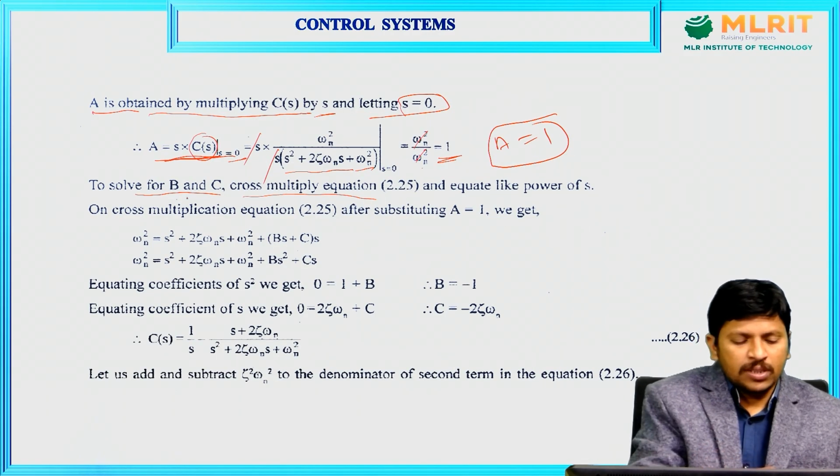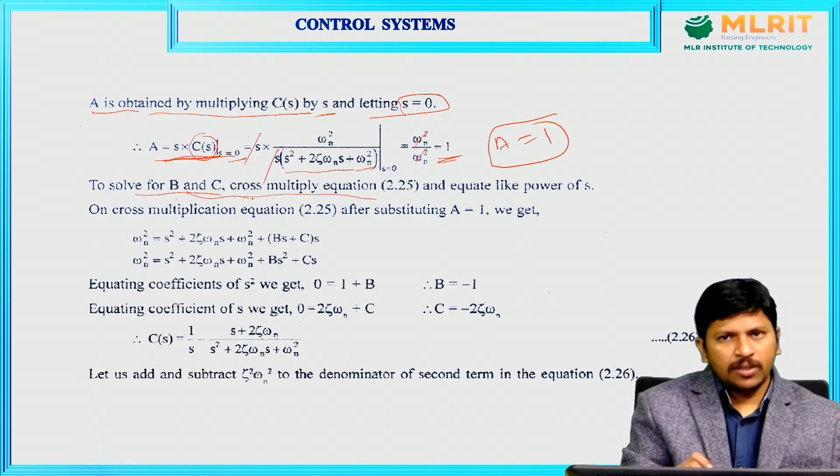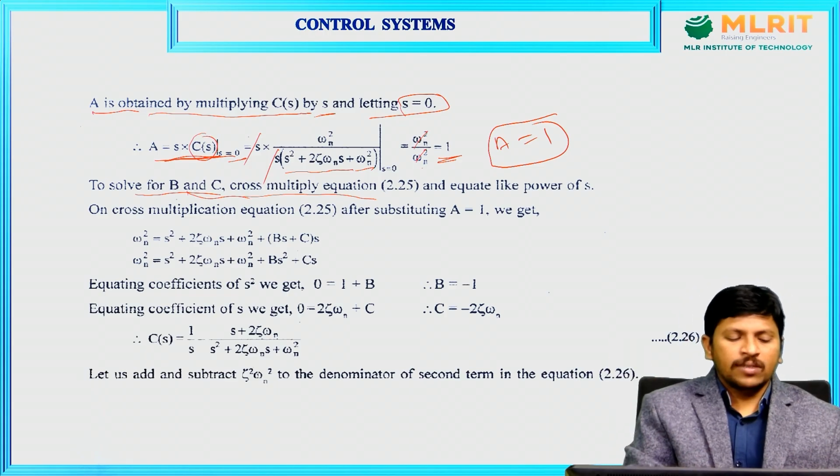By solving this, b and c are found by cross multiplying the equation and equating like powers.